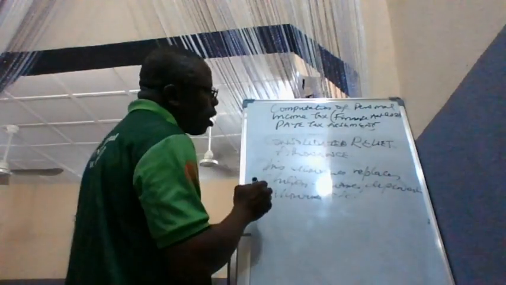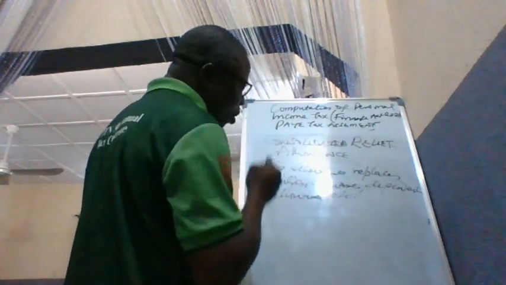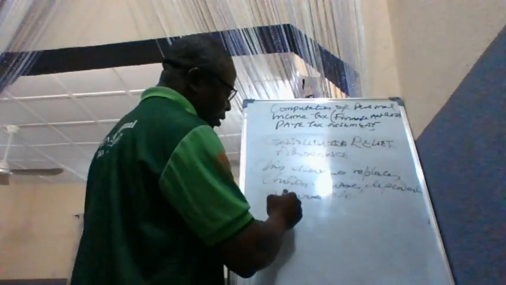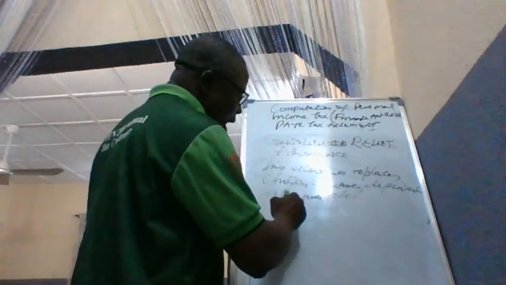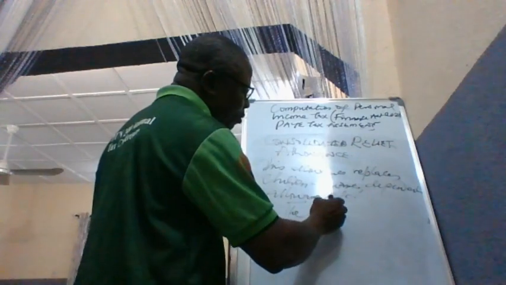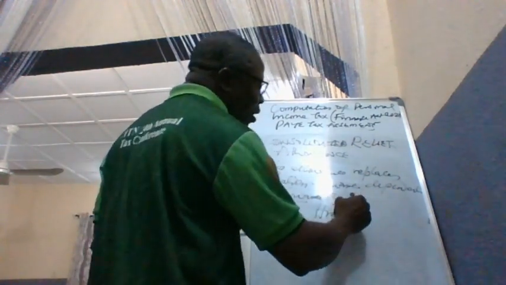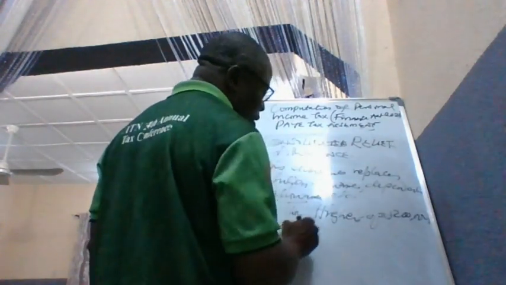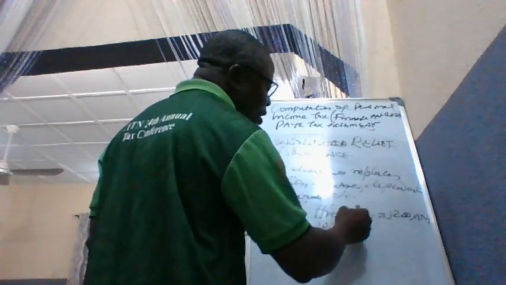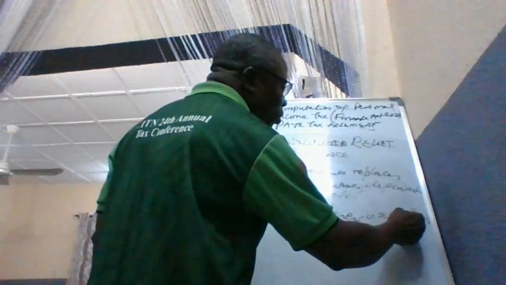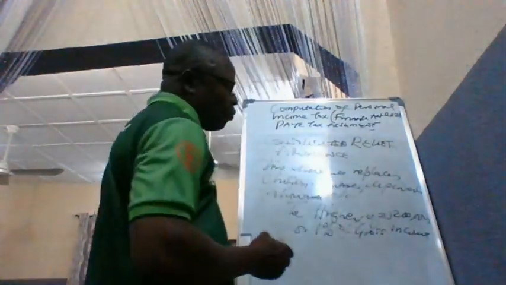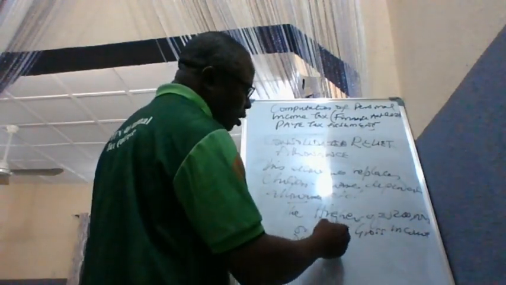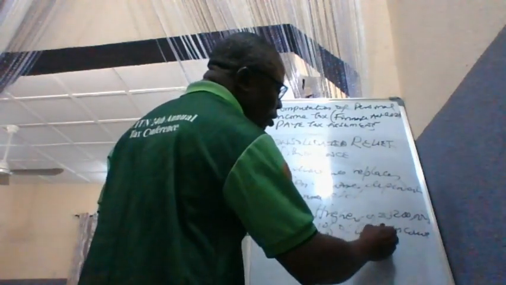So in the computations, the law says that the higher of 200,000 naira or 1% of gross income, whichever is higher, you consider it and take it, then plus 20% of gross income.